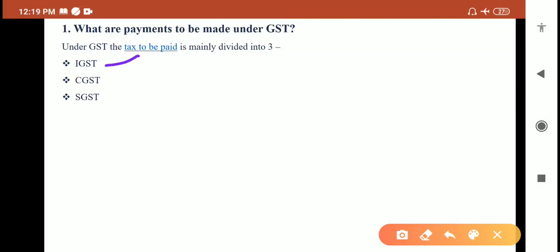The CGST gets deposited with the central government and the SGST gets deposited with the state government. So these are the different categories of GST, IGST, CGST and SGST, and how these GST will be payable.